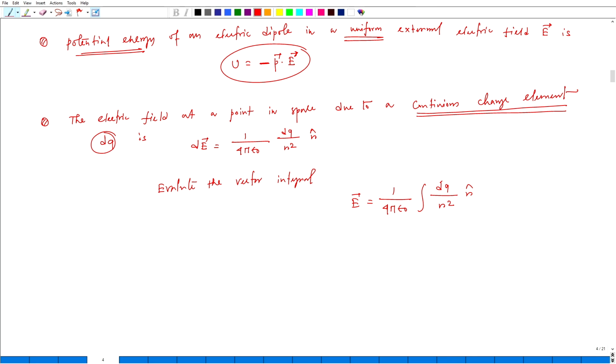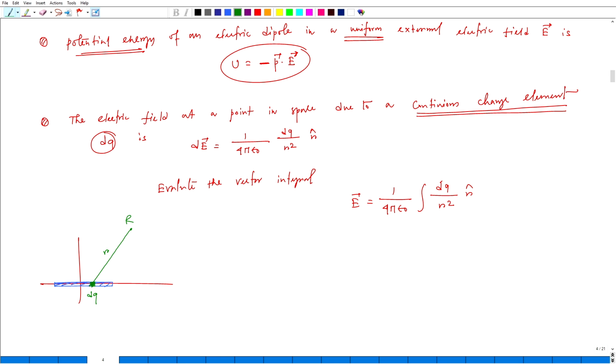If you draw a diagram, let us say we have a line charge distribution. Consider a rod of length L, and first consider a small strip on the rod that has charge dq. You calculate the field at a point at a distance r from the small element dq, and then we integrate, because now r is a continuous variable and dq is a continuous variable as well.